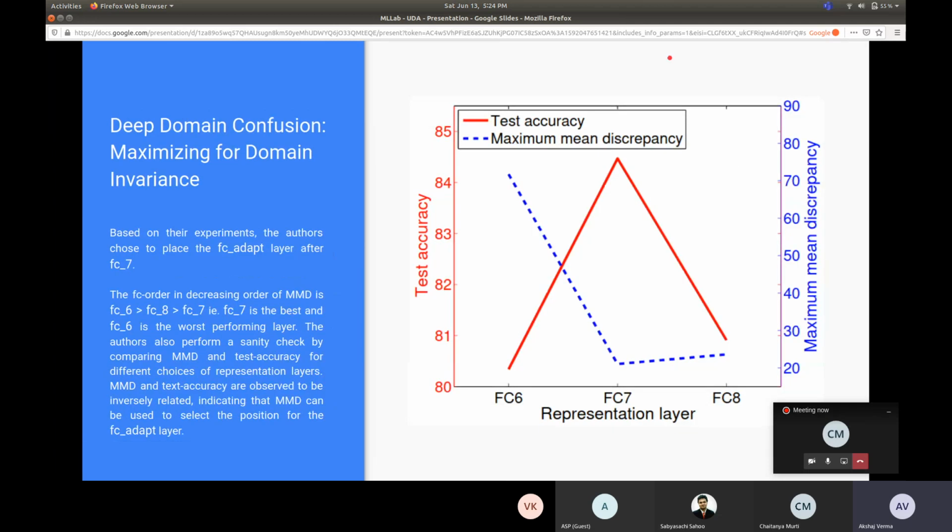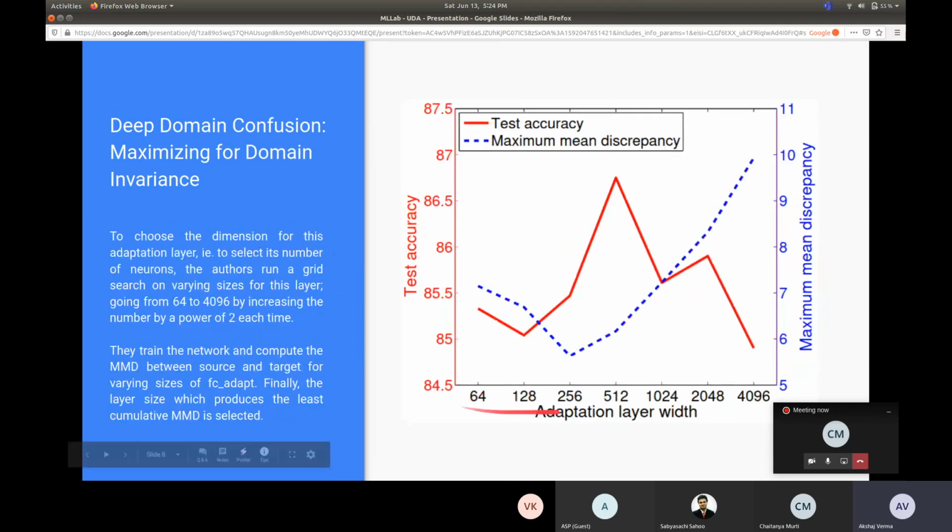They repeated a similar test for the size of the fully connected layer. This is a grid search with an increasing number of neurons, and they happened upon 512, which gave the maximum test accuracy, while it wasn't the least MMD score, but still very close.